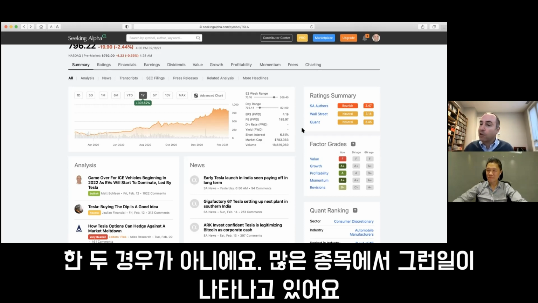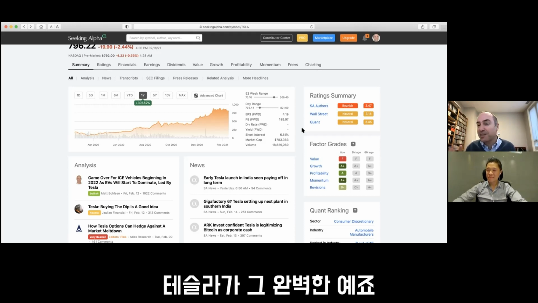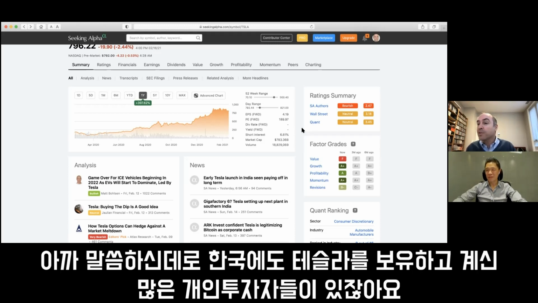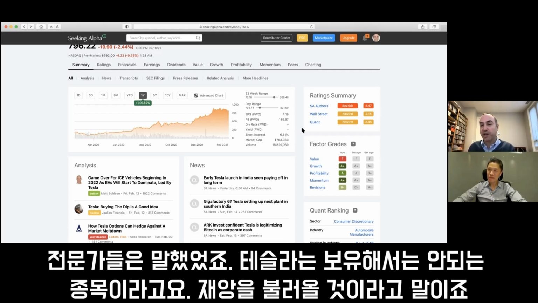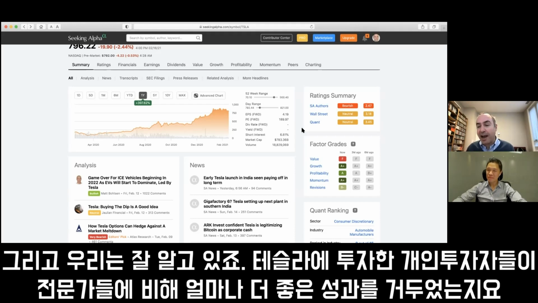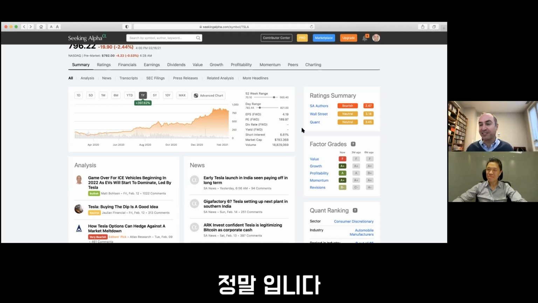We've seen that in lots of stocks and lots of investing, and Tesla is the perfect example of this. Yes, absolutely. All of the individual investors, like all the people you mentioned in South Korea who own Tesla, the professional investors were saying, you mustn't own this stock. This is a disaster. And yet look at how well people have done who own Tesla versus the professionals.